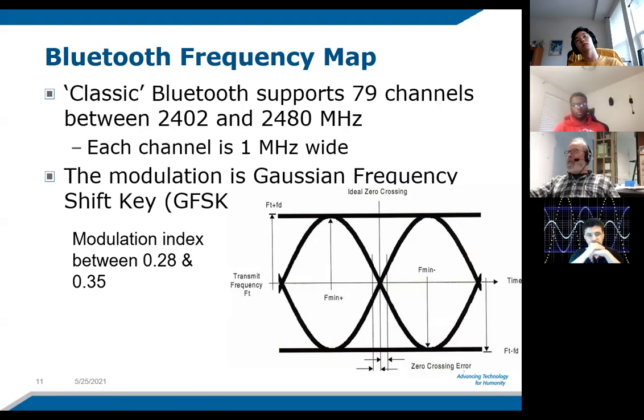And each channel is 1 megahertz wide. So we're flipping between two frequencies that are close to a center frequency, and their modulation index is between 0.28 and 0.35. So they're staying well within a guard band.